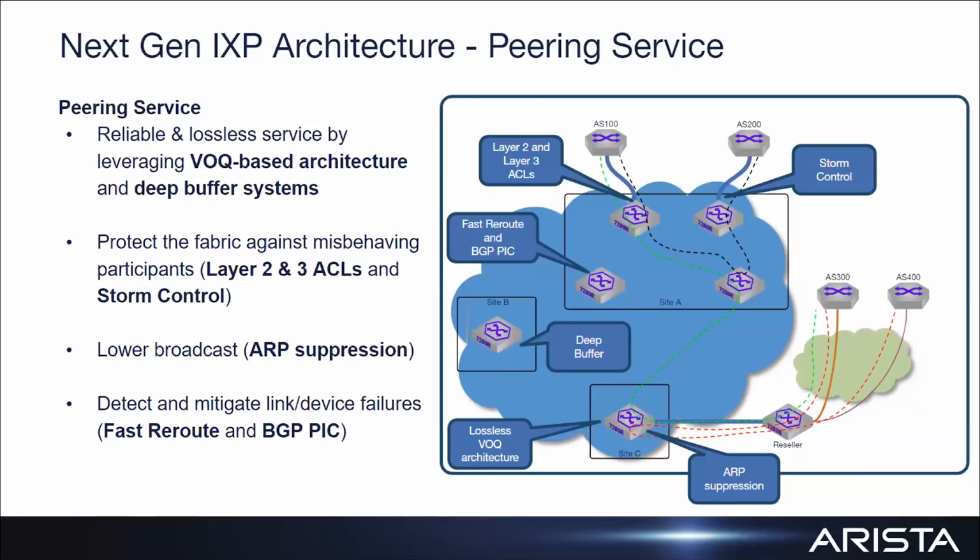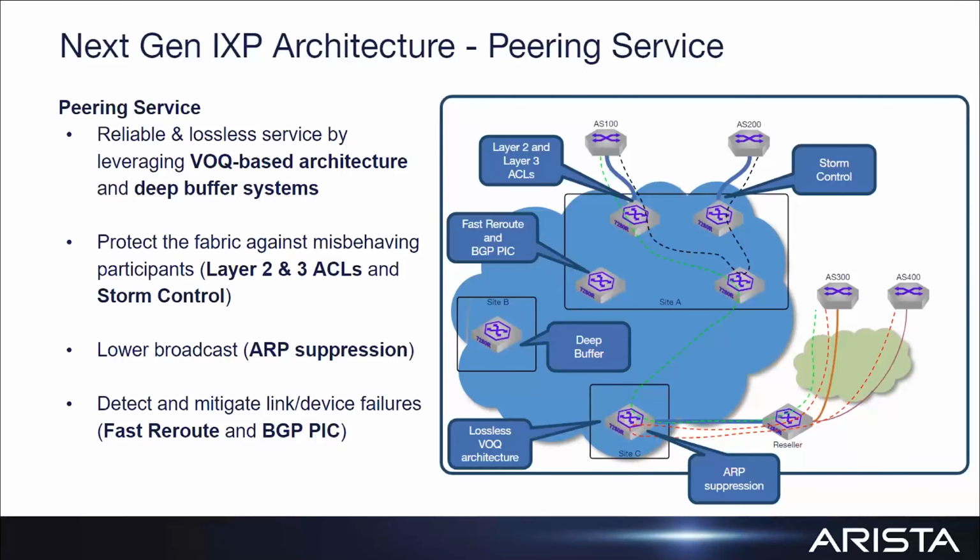We want to protect the fabric itself against misbehaving participants. So we need layer 2 and layer 3 ACLs on the customer ports, as well as the ability to configure storm control. We don't want to have any broadcast or as little broadcast as possible in this network, because with, let's say, 2, 3, 4, 500 connected end systems, there might be some ARP traffic, there might be some broadcast.